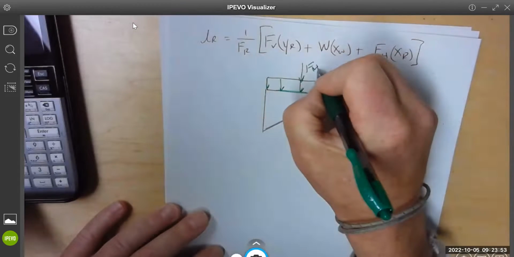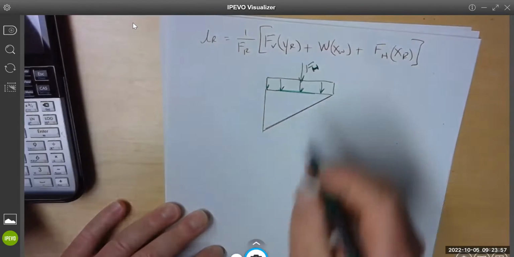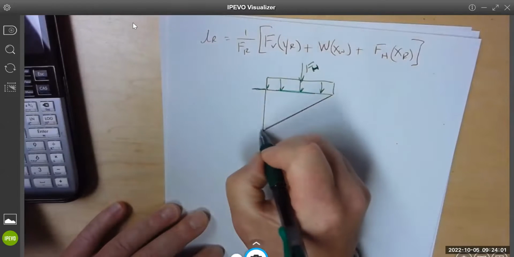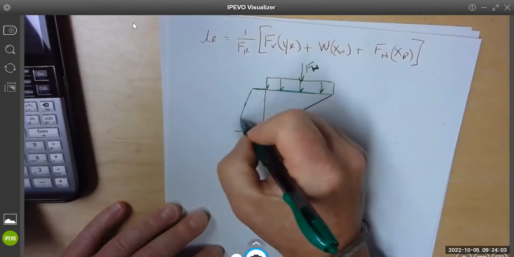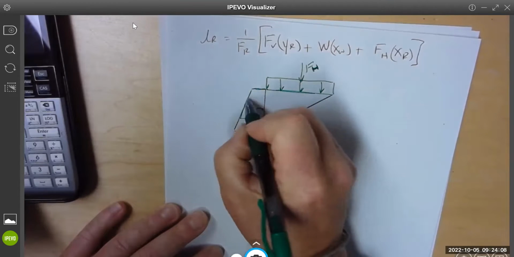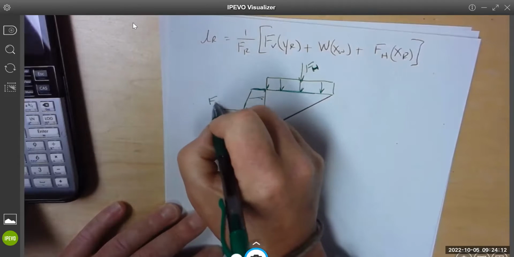It's a horizontal surface, FH, because it's a horizontal surface. And then this is V, because it's a vertical surface. F sub V.